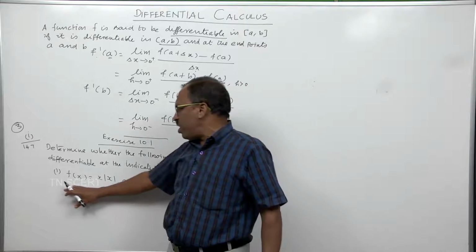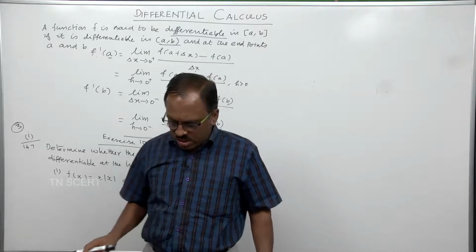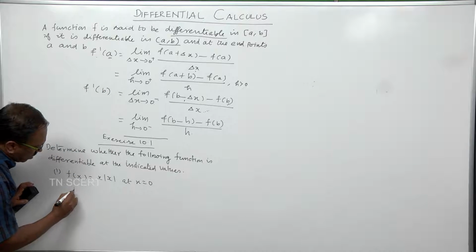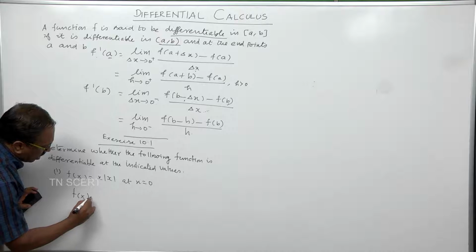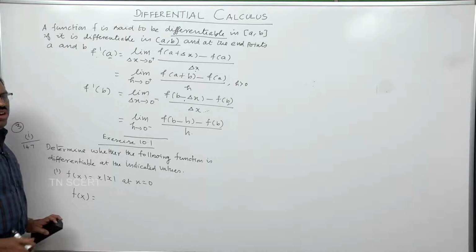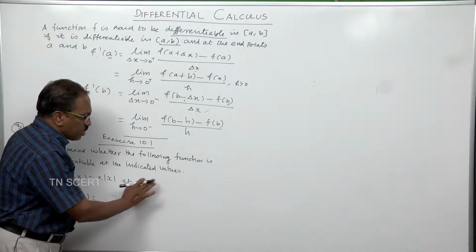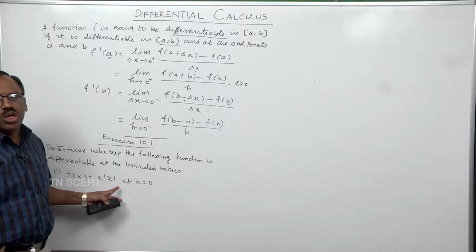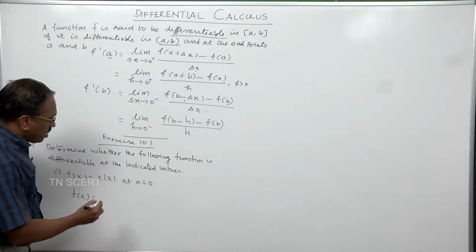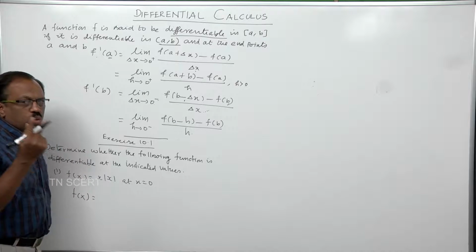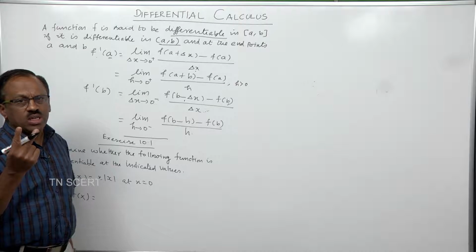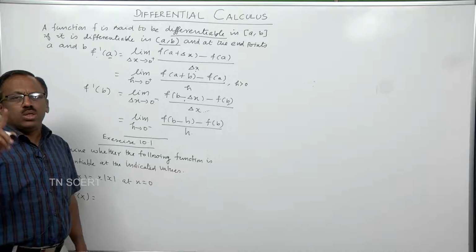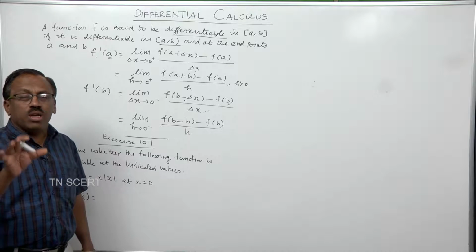First of all, we have to define the function f of x. Let us think about it. What is f of x? First we can define the function for x into modulus of x. There are two kinds of value for modulus of x: one is x into plus x and x into minus x. When do you get plus x?